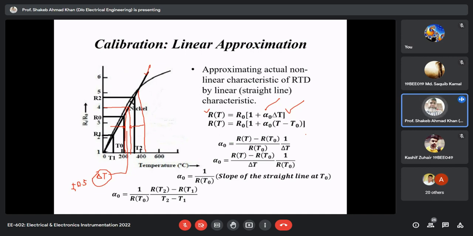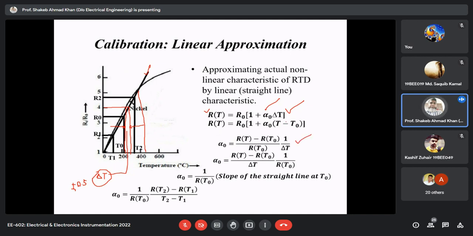Now we want to establish the linear relationship between input and output of the RTD. So this equation is the basis equation. Once your coefficients are known, your alpha naught is known, then you will say that this relationship has been established. How is it done? We have written this equation in terms of alpha naught.